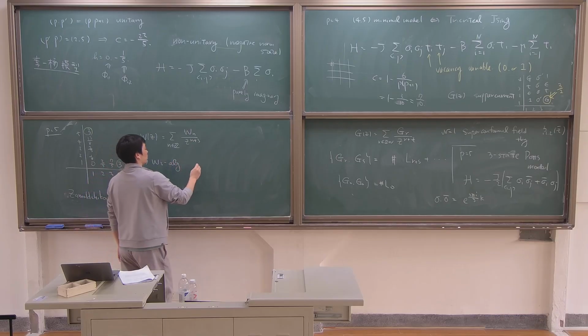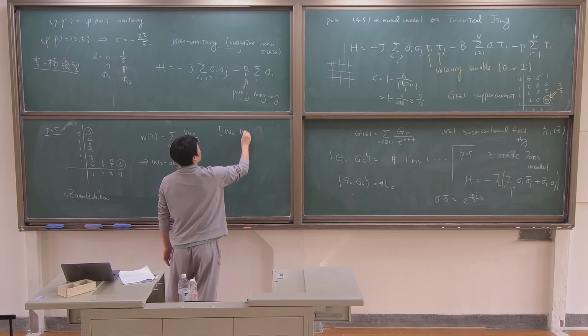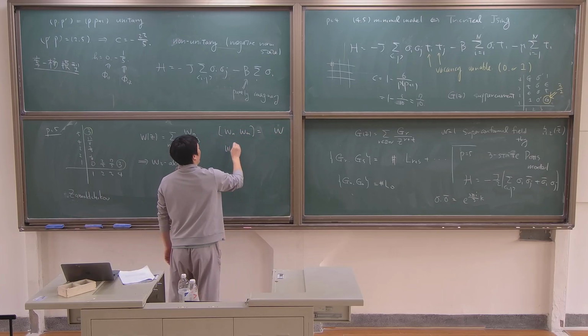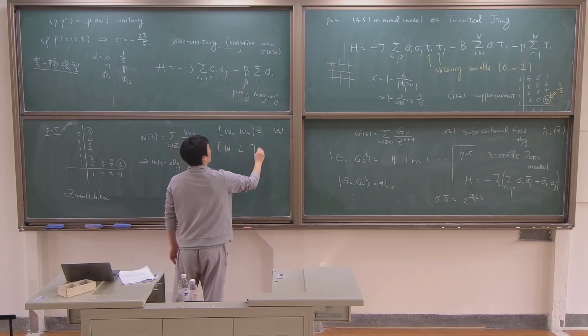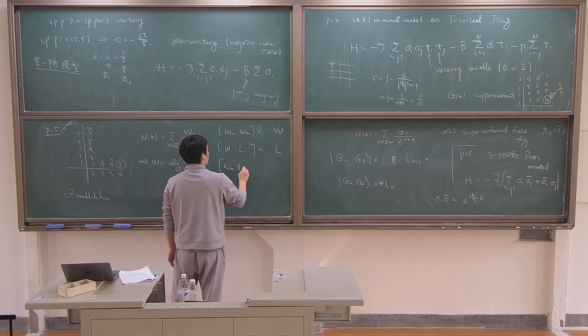It's an extension. So you have W_n, W_m, and some W, and then the Virasoro algebra.